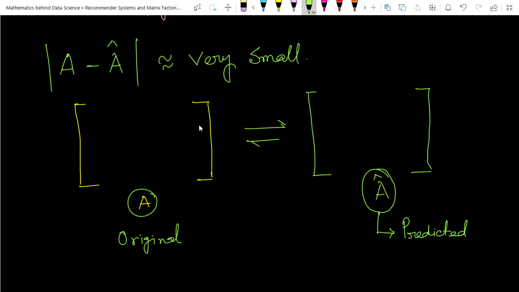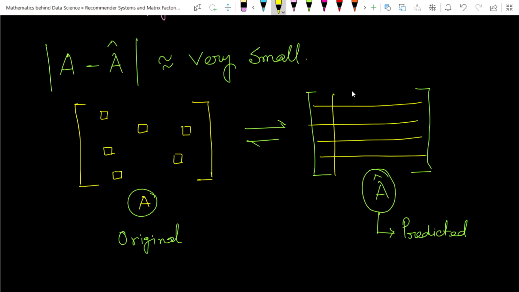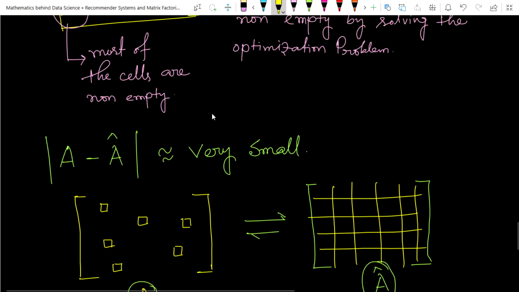In this original matrix, most of the cells are empty, meaning only a few are non-empty. Suppose these are the non-empty cells, and the rest are empty. But in the predicted matrix, most of the elements are valid numbers, most of the cells are non-empty.